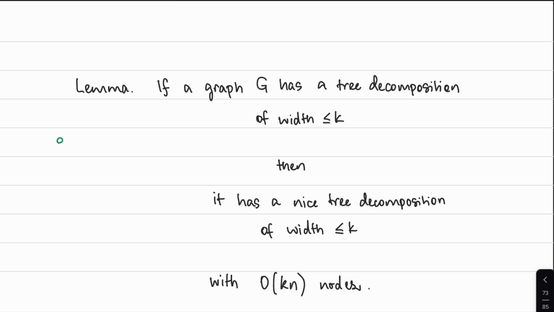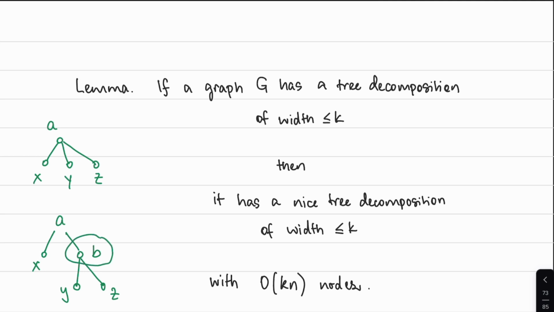So for example, if you have a node which has more than two children, so let's say we have a node A with children X, Y, and Z, you could say, for example, that I'm going to keep the leftmost child as it is, and I'm going to initialize an artificial right child B, which can then take on the remaining two children Y and Z. And in the context of a tree decomposition, we also have to figure out what is the bag that we associate with this newly created vertex B. Well, that could be, for example, a copy of the bag that we have at A.